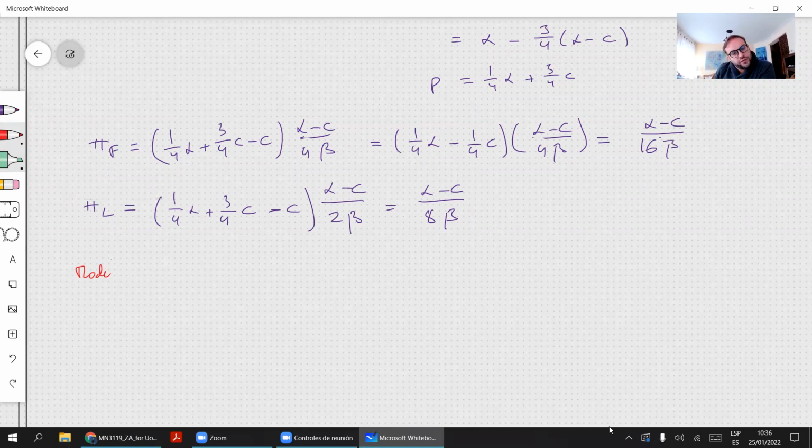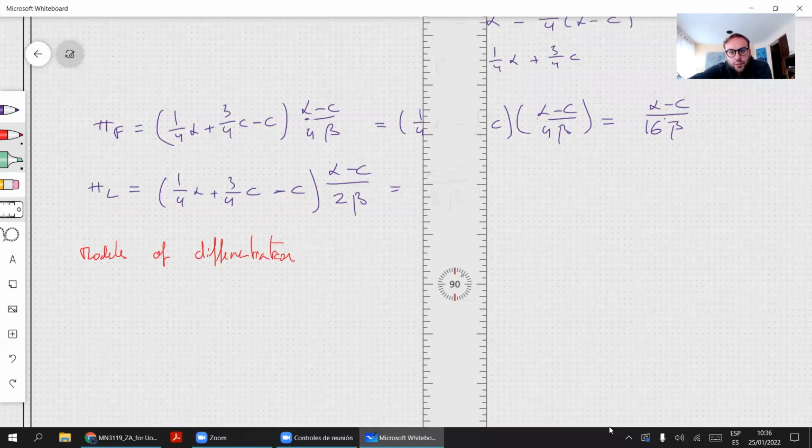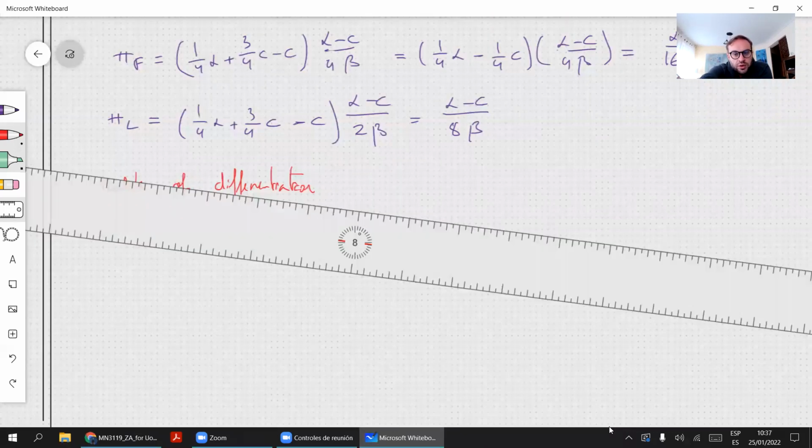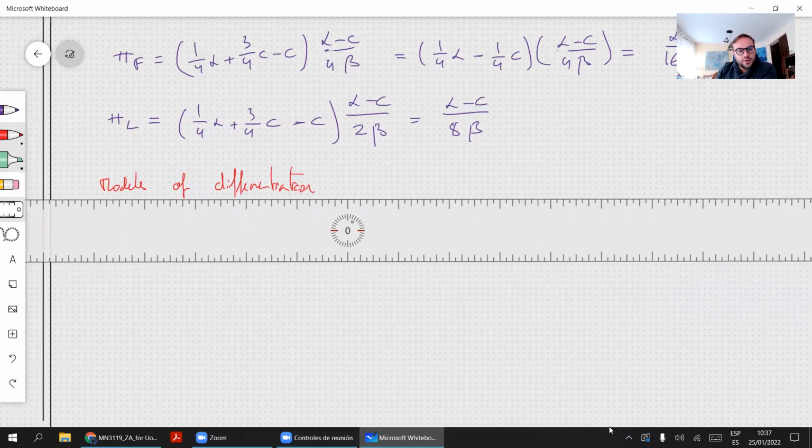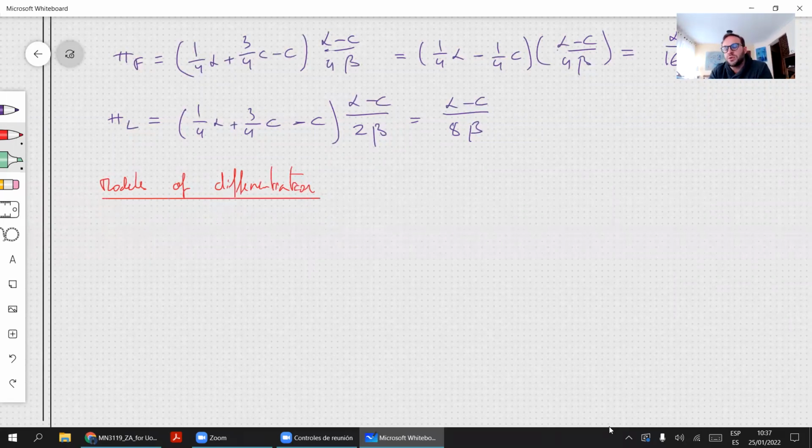Models of differentiation. These two companies are not competing for exactly the same market, or you could say that they are not selling the same product. You have two different kinds of products, right? However, you have a degree of substitution between the two, right?